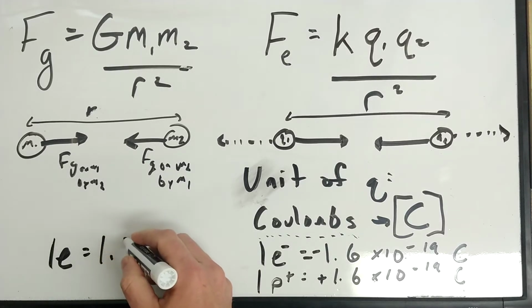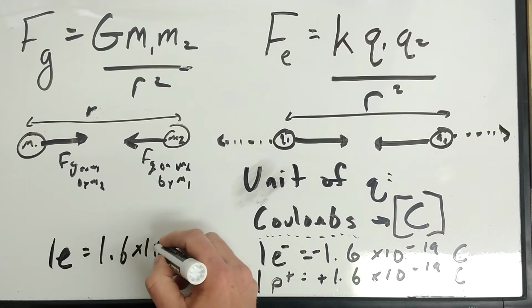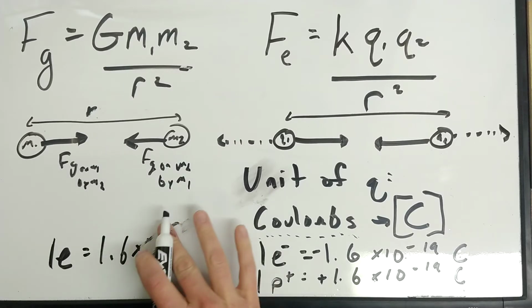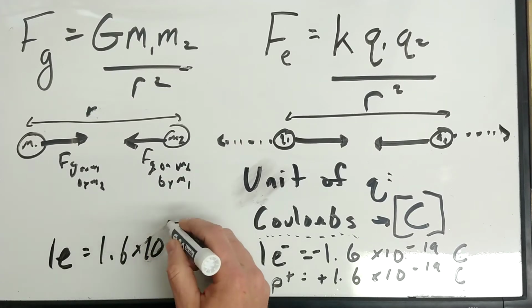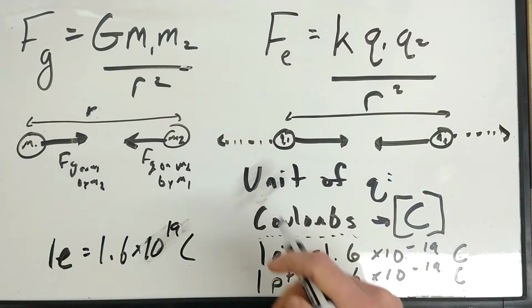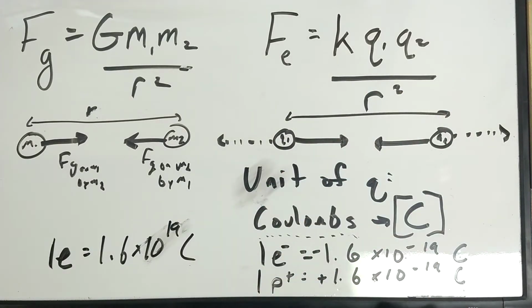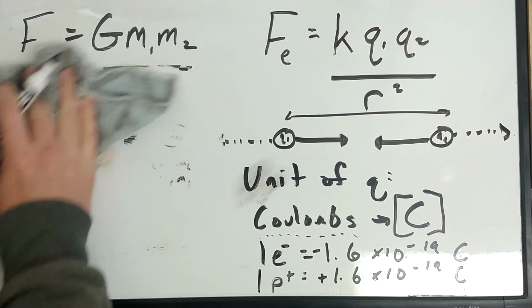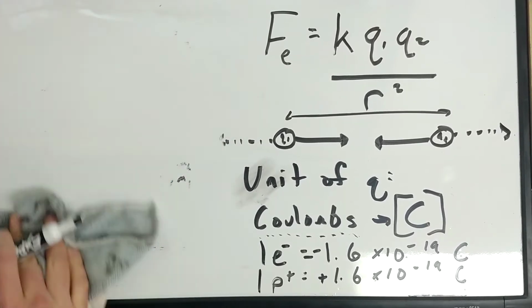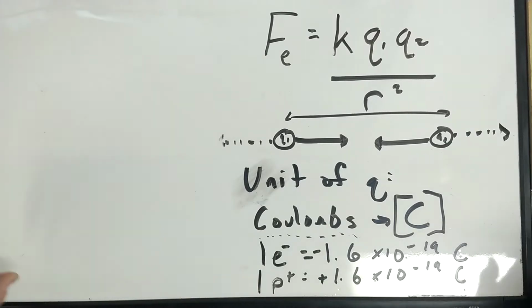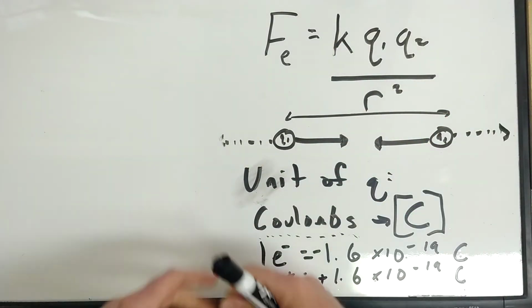So 1 e is 1.6 times 10 to the minus 19th coulombs, and sometimes we have to convert between the two, but most of the time we just use units of coulombs to do the actual calculation. The reason is that we typically deal with trillions of electrons and protons attracting and repelling all at one time, in big charged objects.